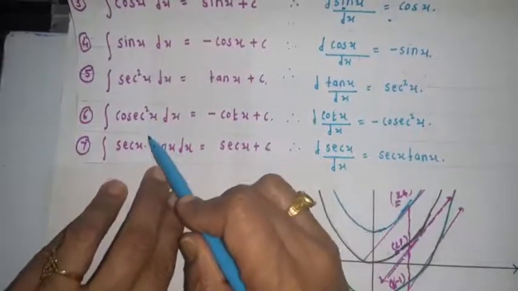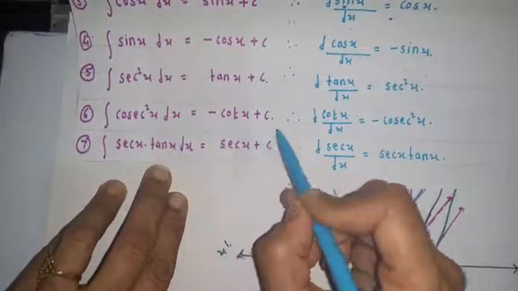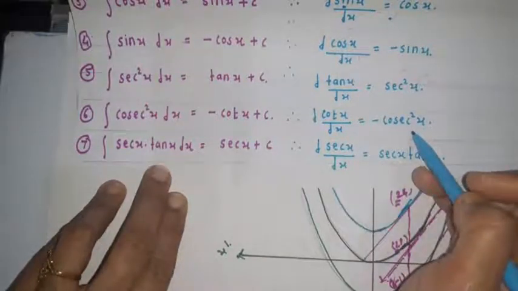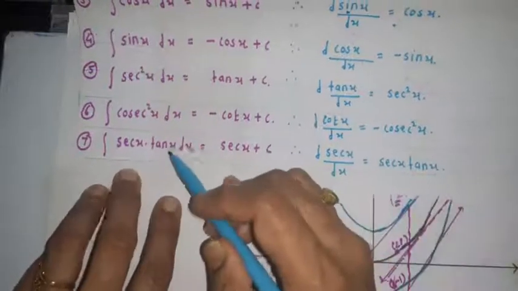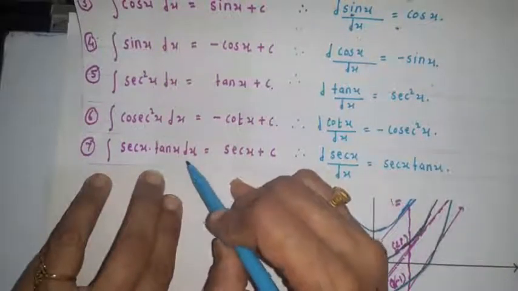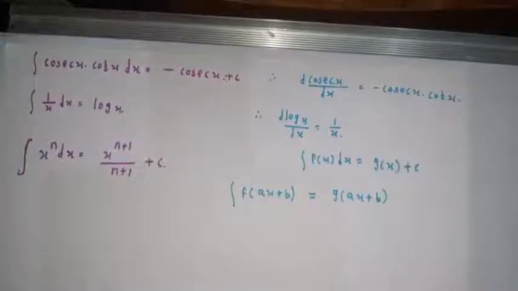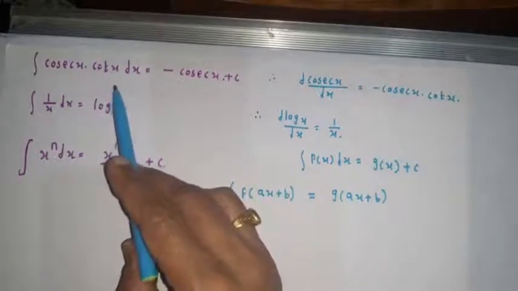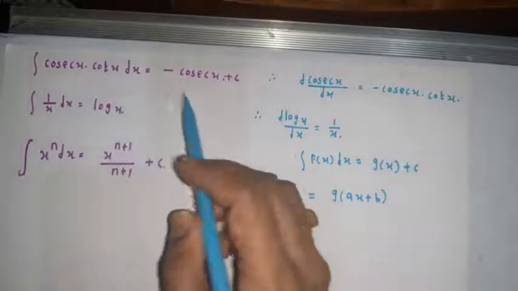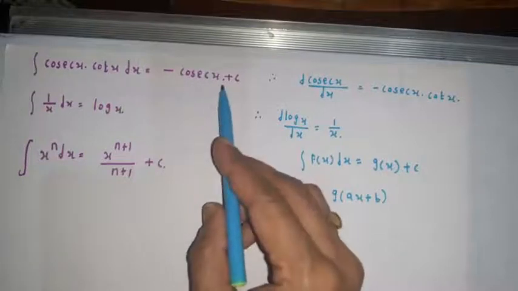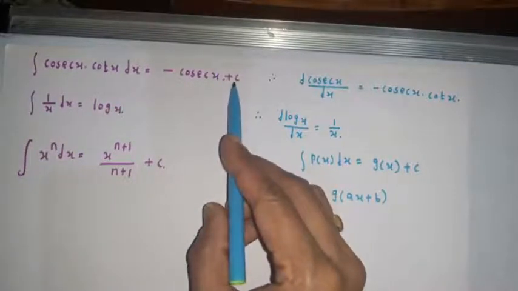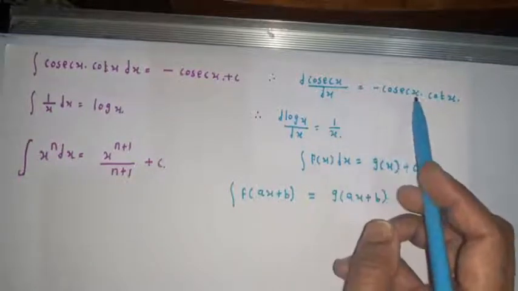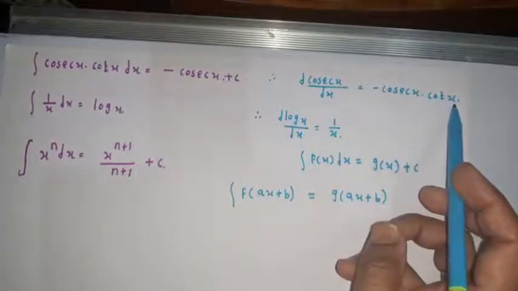Similarly, integration of cosec square x is minus cot x, because differentiation of cot of x is minus cosec square x. Now integration of sec x into tan x. The next formula is integration of cosec x into cot x dx is minus cosec x plus constant of integration c, because the derivative of cosec x is minus cosec x into cot x.